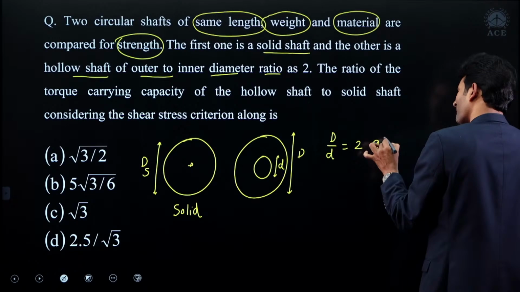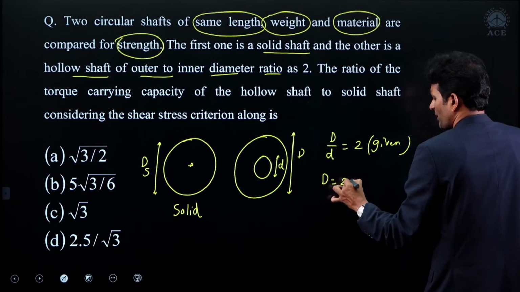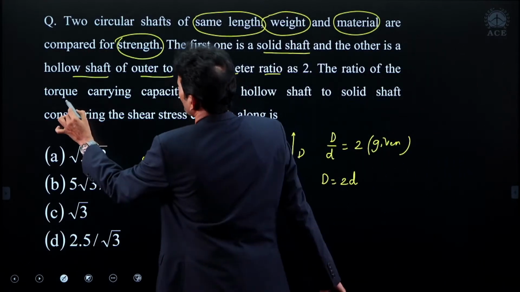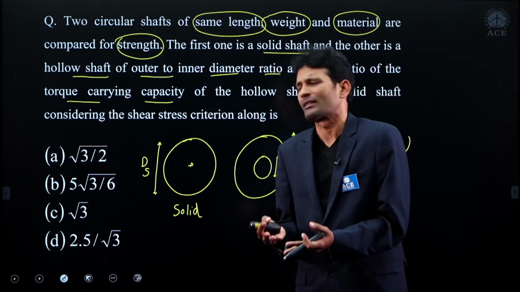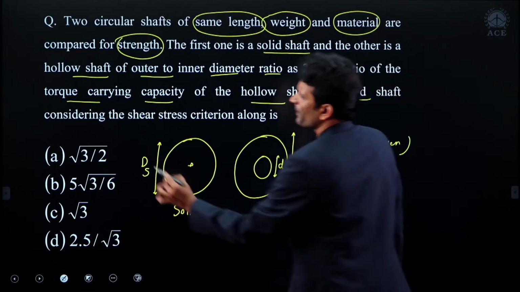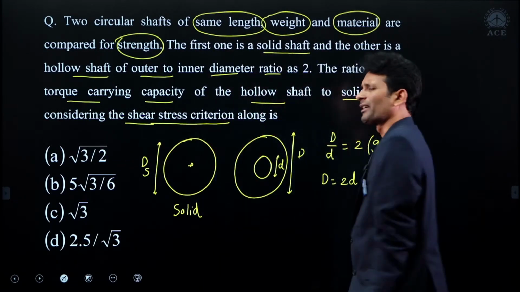This is the given ratio. Capital D equal to 2 times d. The ratio of torque carrying capacity, which is nothing but the torsional strength of hollow shaft to solid shaft. We need to compare by considering the strength criteria. Stress criteria is nothing but strength criteria.